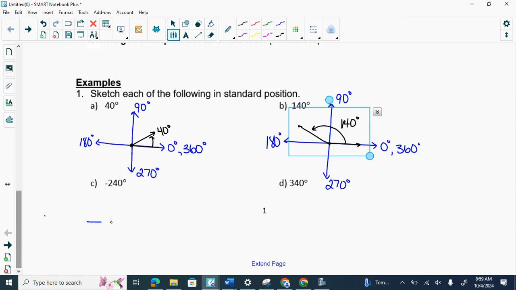Then we have negative 240. So 0, negative 90, negative 180, negative 270, negative 360. So it's 30 less than 270. It'll be like here, here, rotating here, and out.